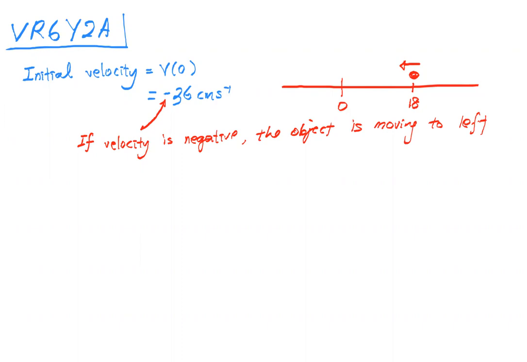So in maths we have these two lines, we call it absolute value. The two lines mean absolute value. That means we don't care about the sign. So this will be 36. That will give you the sense of the speed. Speed is a scalar quantity. Clear?